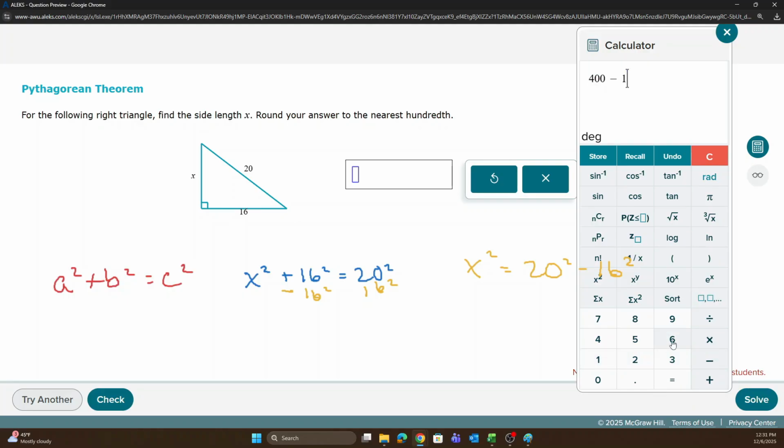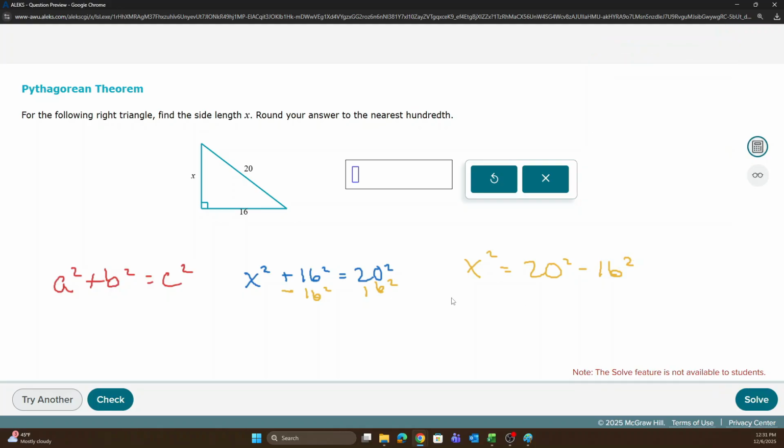And when we subtract 16 squared, we're going to get 144. So x squared equals 144. If you square root both sides, you're going to get x equals 12.